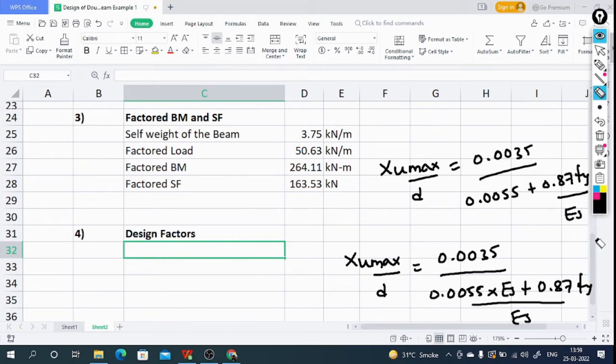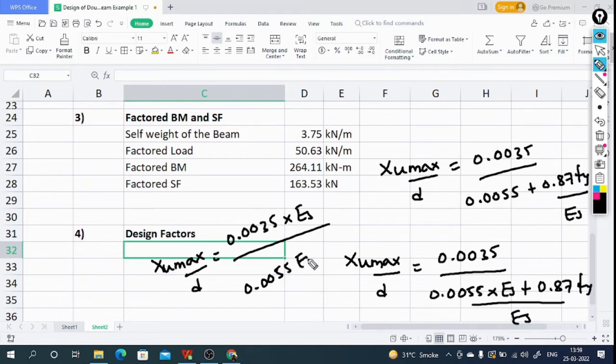So what will happen to the formula? xu max by d equal to 0.0035 into Es divided by 0.0055 Es plus 0.87 Fy. Now we can substitute the value of Es, that is 2 into 10 to the power 5 Newton per mm square. We will get the formula of xu max by d.